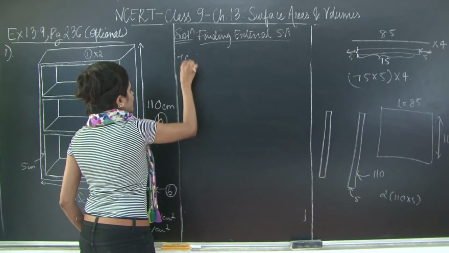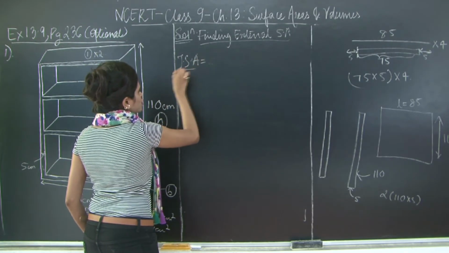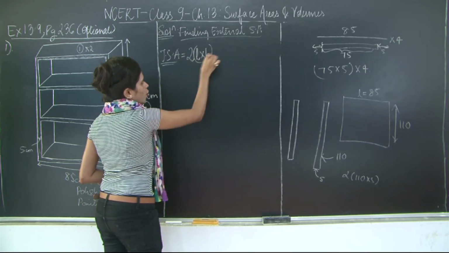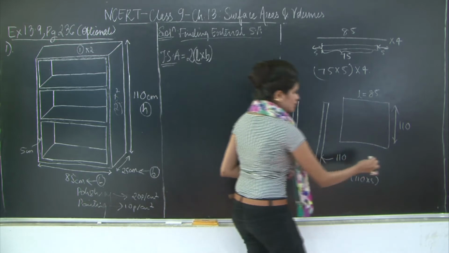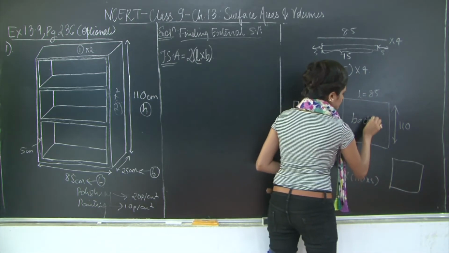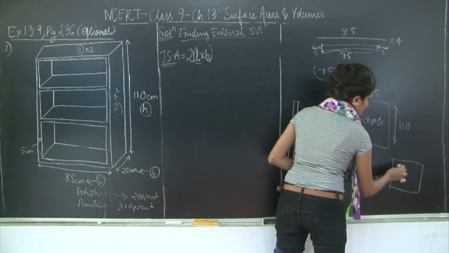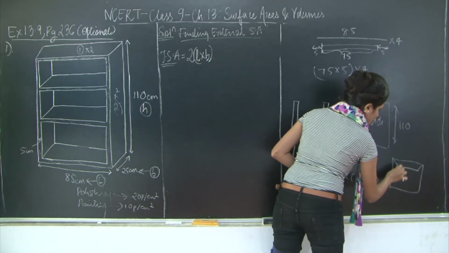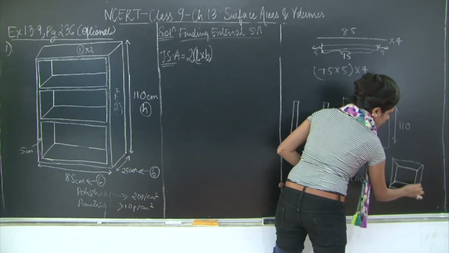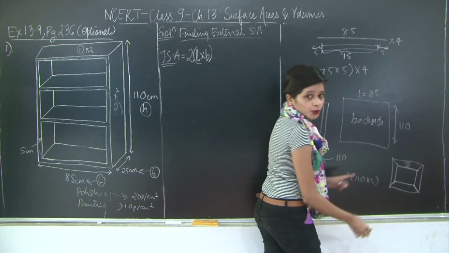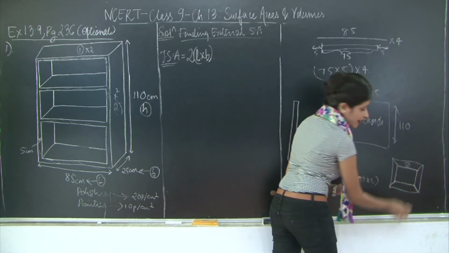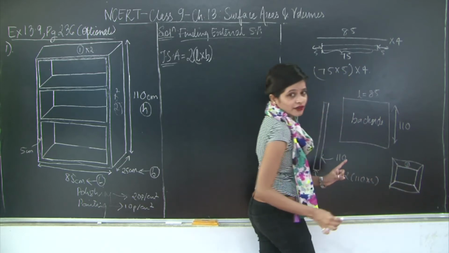So total surface area is going to be equal to twice length into breadth. Why am I taking length into breadth? Let's draw the front side. This is the back side and this is the front side. So the front side we have the rows, so we are going to ignore it, right? Now this is the first face that we drew. Remember we learned that first face into 2 because we have one at the top and one at the bottom. This is the entire bookshelf as a whole.